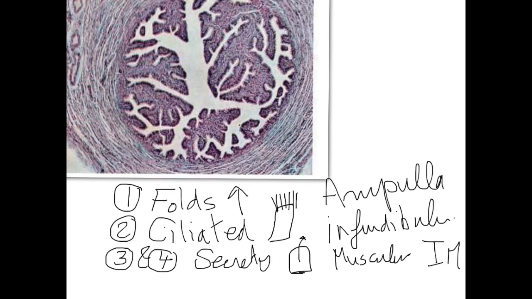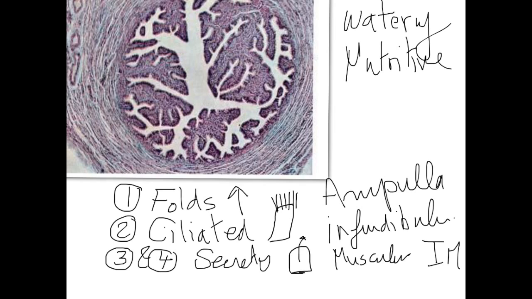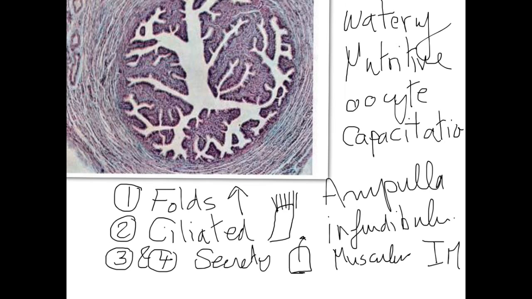But at the same time, we have the secretory cells which produce watery secretion. The secretion here is watery, and the most important thing is to know its benefit: it has a nutritive function for the oocyte and also for capacitation of the sperm, so that they gain the ability for fertilization. Capacitation. So these are the functions of the secretion produced by the secretory cells.